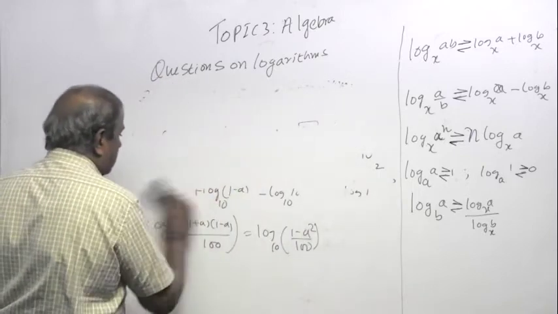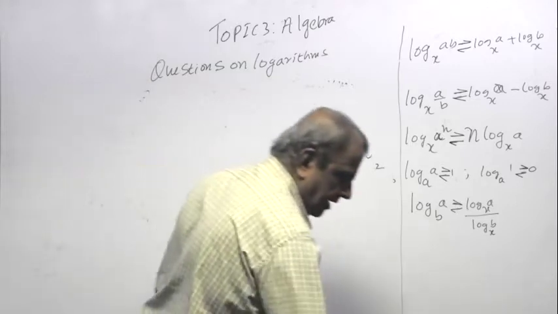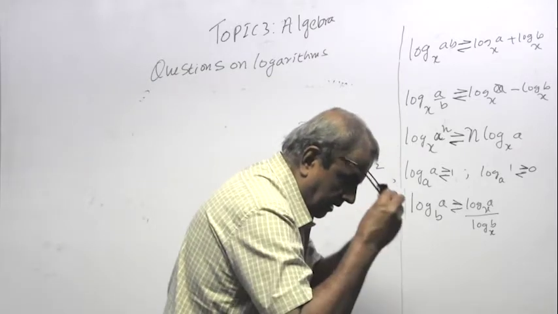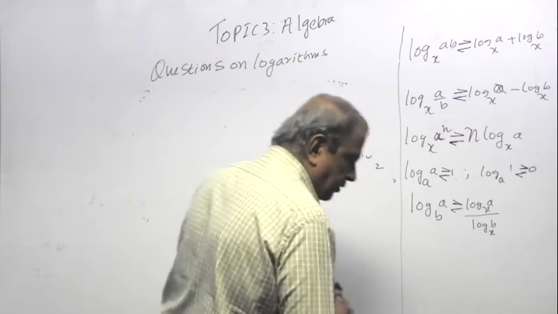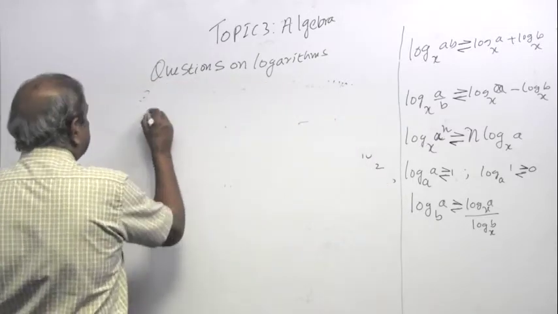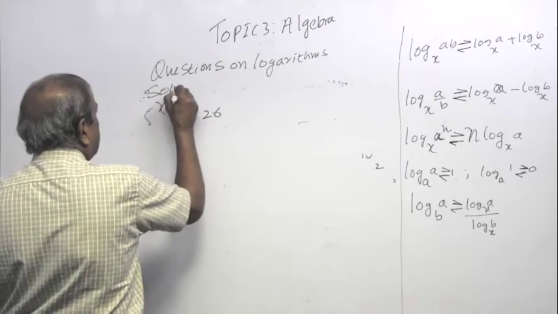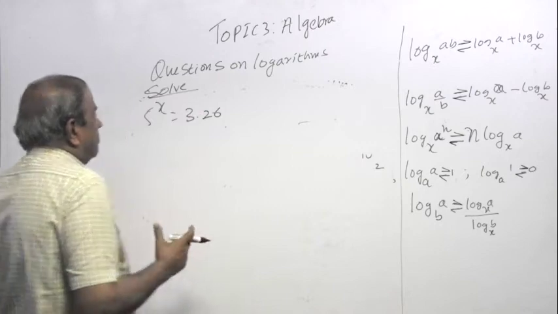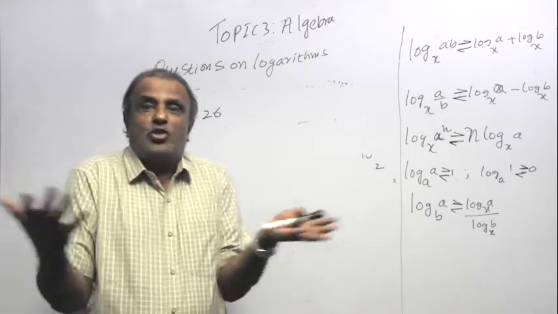Then let's look at an equation, how to solve an equation. For example, let's say you've been given 5 power x equal to 3.26. Five squared equal to, you could take the square root, but you don't know the xth root.